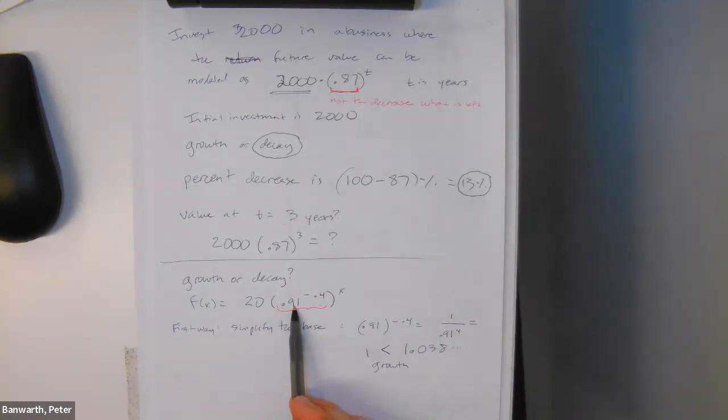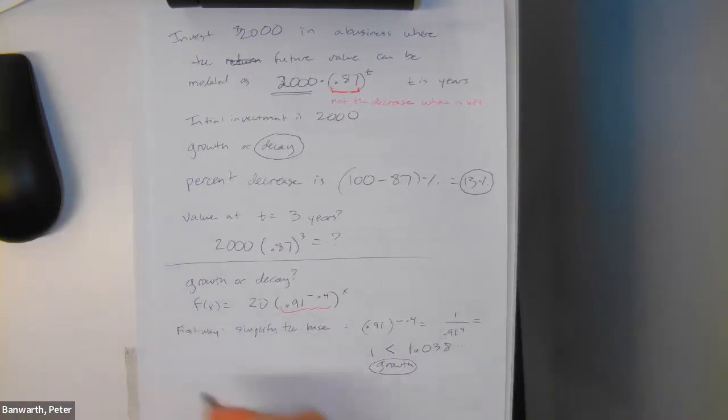That's a fraction, might make you think decay, that's a minus, might make you think decay, that's a decimal, might make you think decay. Just simplify the base, grab your calculator, multiply it out and see what that number looks like on a number line. And if that number is bigger than 1, it's growth. That's the first way. The second way, I think, is easier.